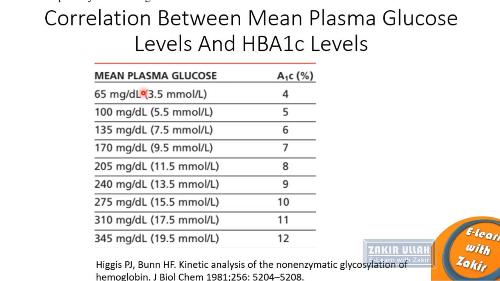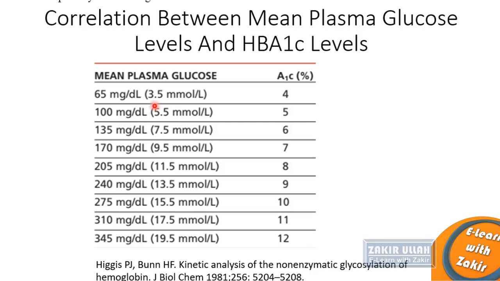For example, if the mean plasma glucose level is 65 milligram per deciliter, the HbA1c percentage will be roughly 4; at around 100 milligram per deciliter, about 5; and at 135 mg per deciliter or 7.5 millimole per liter, roughly 6%.